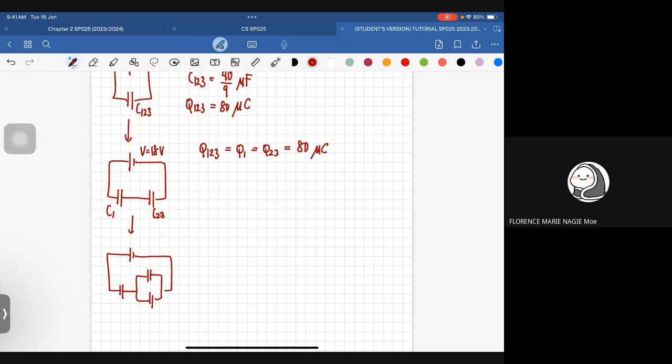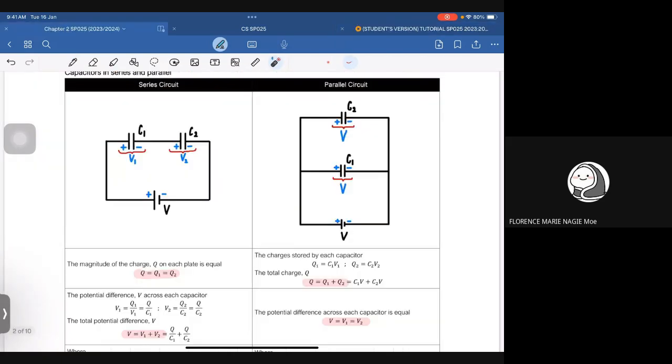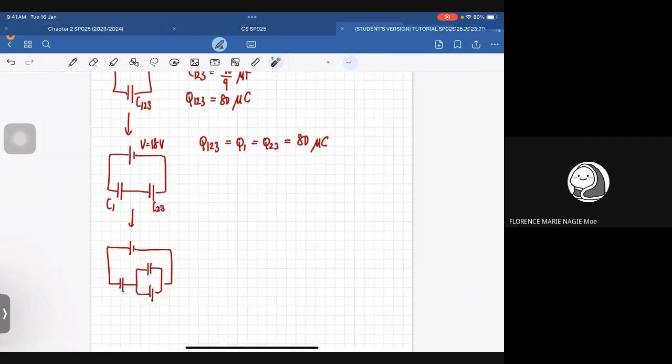Okay, so from here pula, kita tahu apa lagi? First, this is connection in series. So, kalau series circuit, kita tengok untuk in terms of potential difference, dia kena tambah. So, dari sini, V is gonna be equal to V1 plus V23.